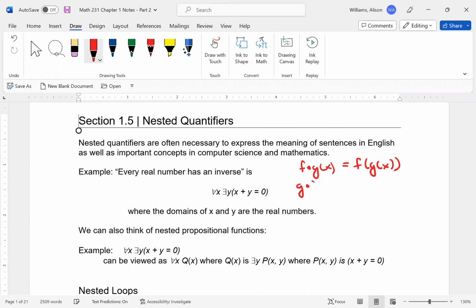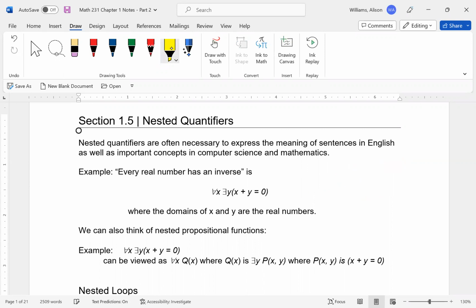The order with which we write it actually changes how we approach the problem. We are taking one function, and the first function is indicating which function we're plugging into. So this order is kind of telling us how to work it out.